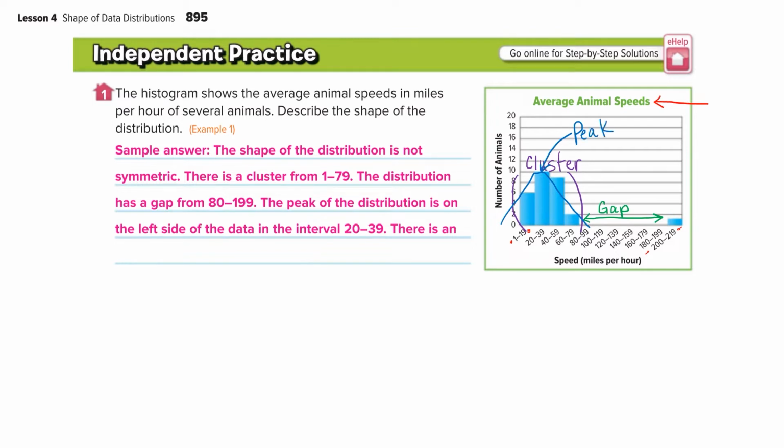And the peak is at the interval 20 to 39. There is an outlier in the interval 200 to 219. And although we're not calculating this, we can obviously see that this is an outlier right here. Okay? Right here is an outlier.